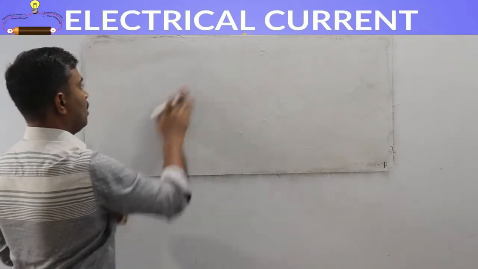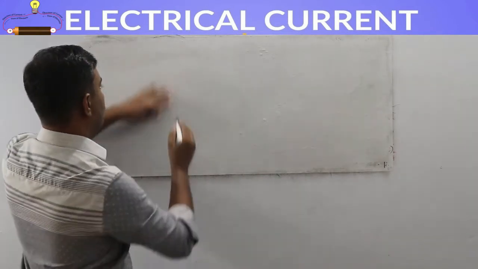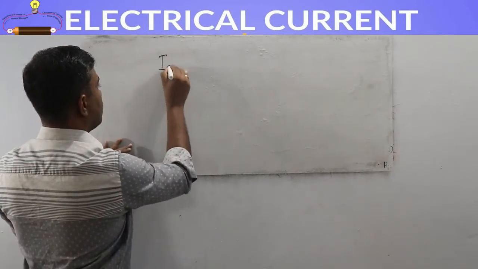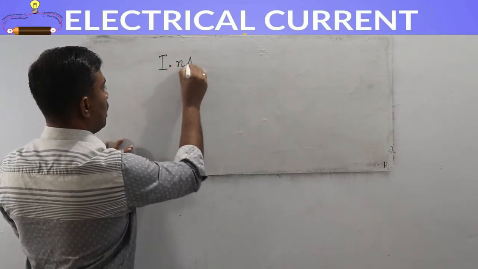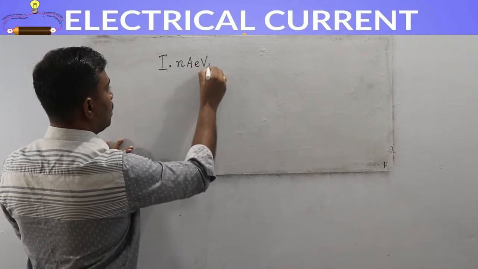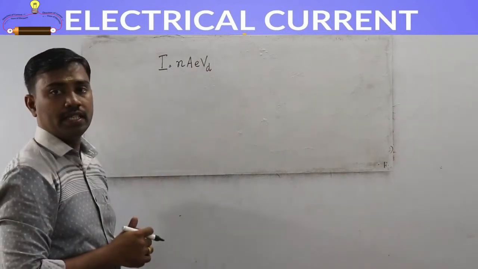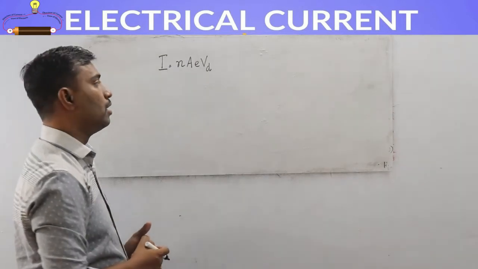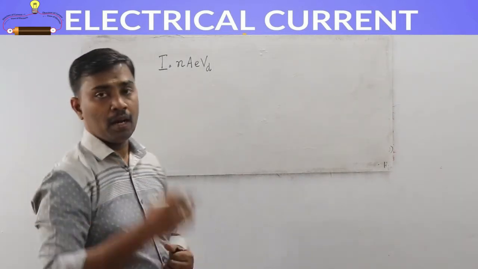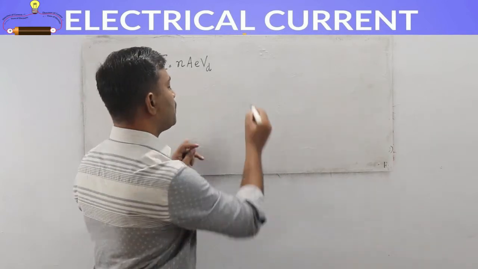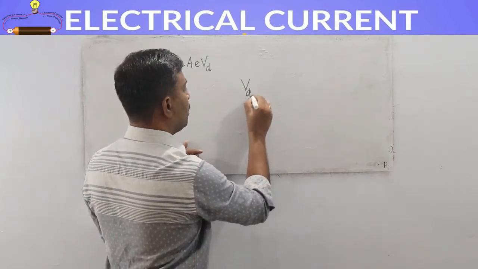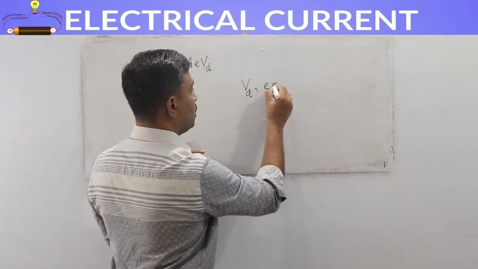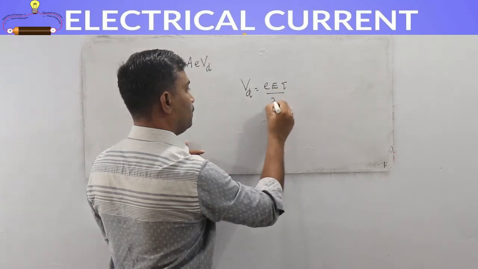So we got the equation for the current, I is equal to nAeVd. But we know that the drift velocity is given by Vd is equal to eE tau by m.